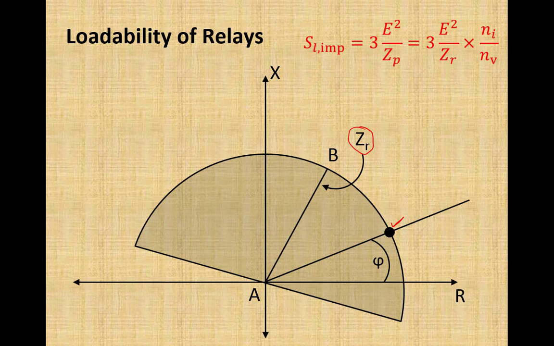Now if we substitute the value of ZP in terms of ZR, that becomes ZR into NV over NI. That NV over NI when rearranged becomes NI over NV in that equation. So the final form of the equation is: the loadability of the relay is equal to 3 times the line to neutral voltage squared divided by the relay setting, multiplied by NI over NV. NI is the CT ratio and NV is the VT ratio.